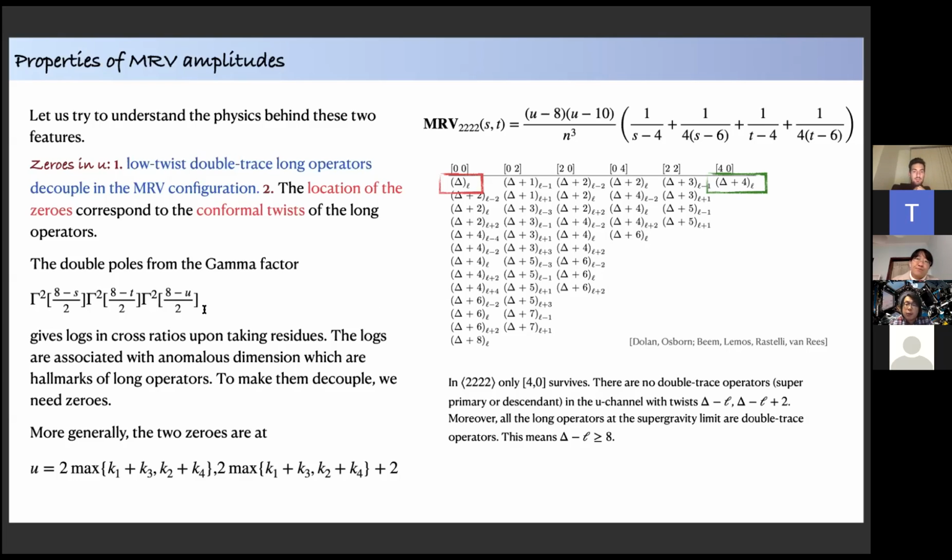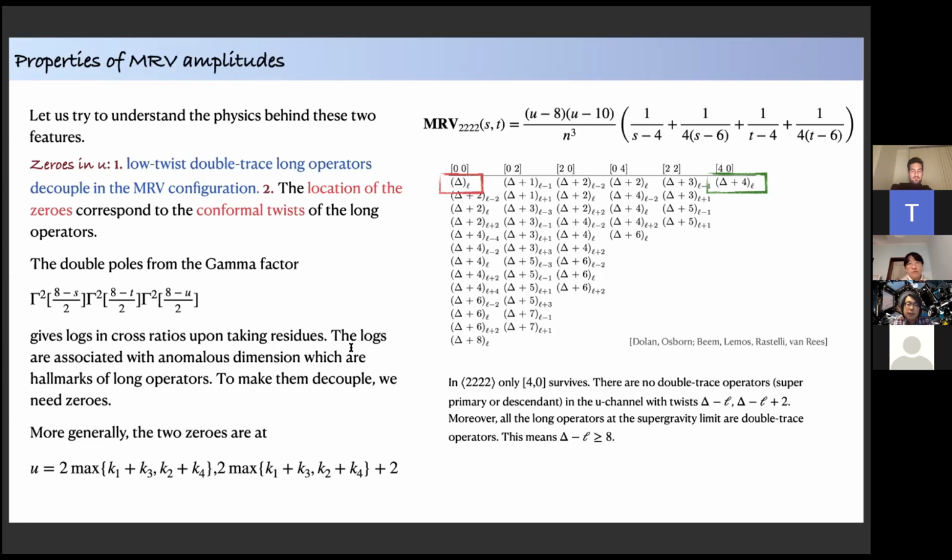Now, to understand why they are zeros, we need to go back to the definition of the Mellin amplitude, where we recall we had a product of gamma functions. In this case, these gamma functions give us double poles because they become squares. When we have a double pole and do the contour integral, we are going to take derivatives, and the derivative can hit the conformal cross ratios, and that gives us logarithmic singularities.